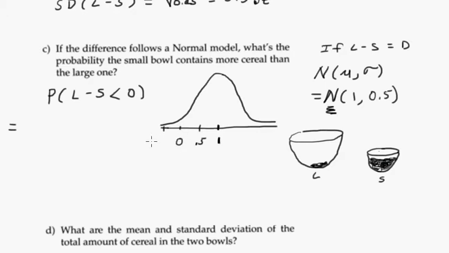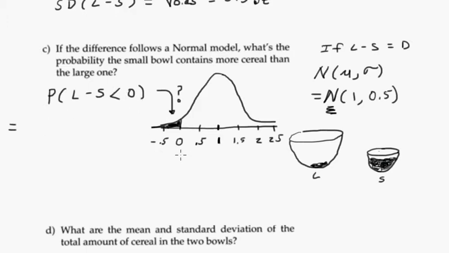And this would be negative 0.5. And going the other way, this would be 1.5, 2, and 2.5. So this is the model. Now we're interested in less than 0, so we're interested in the area under the curve right here. We want to know what that area is, because that corresponds to this probability question.